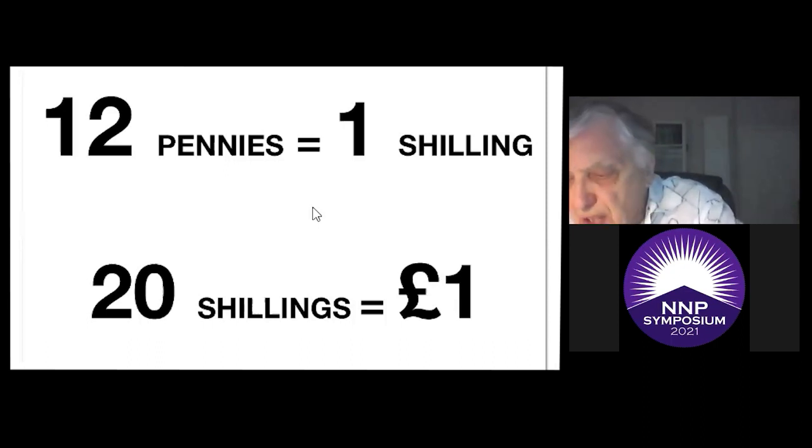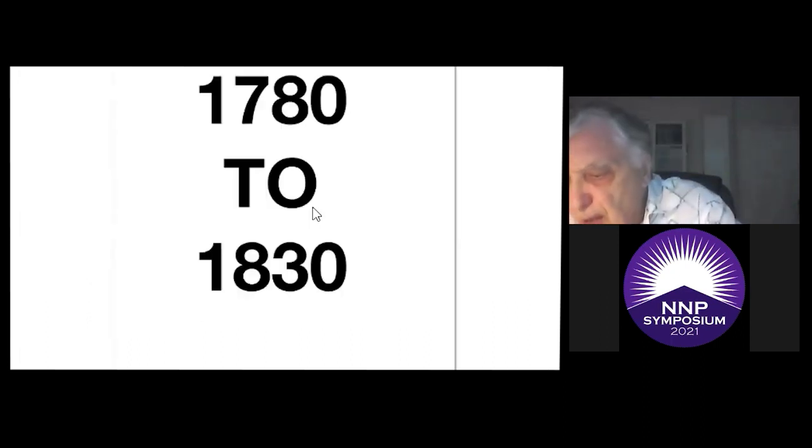So that is what these countermarks are, but why did they arise? These tokens were only issued for a period of approximately 50 years, from about 1780 to 1830.